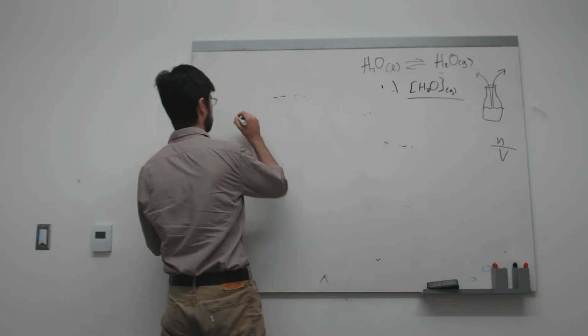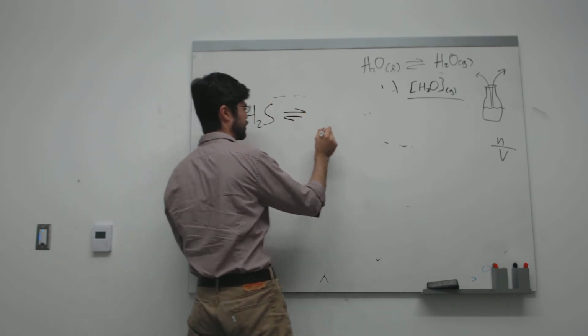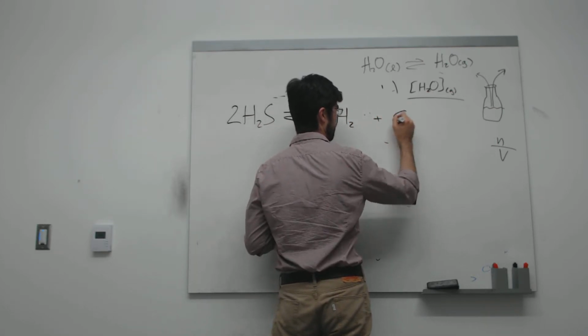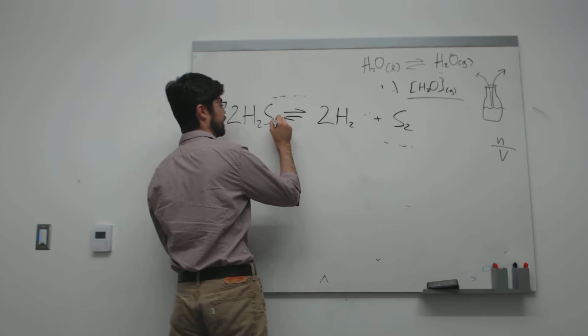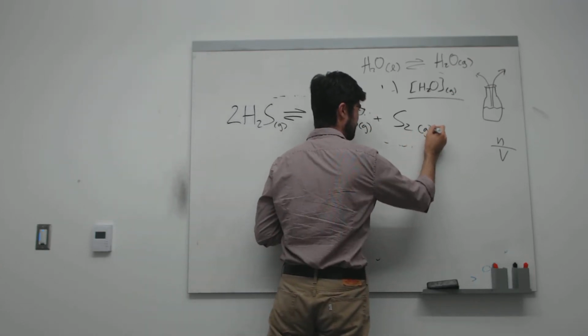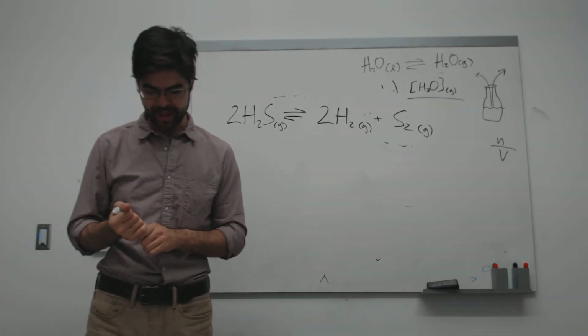That if I have a reaction which is 2 hydrogen sulfide molecules reacting to give me 2 hydrogen molecules and an S2 molecule, and I will say that these are all gases, you actually do need to be careful about the states of matter now that we're talking about laws of mass action.